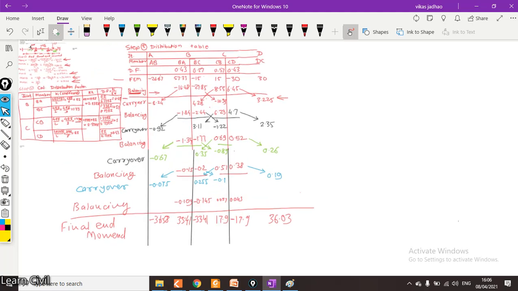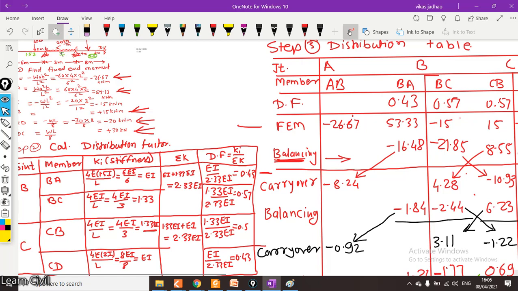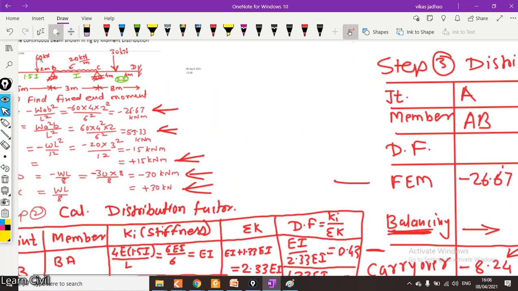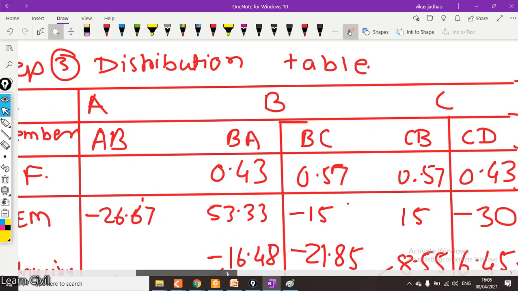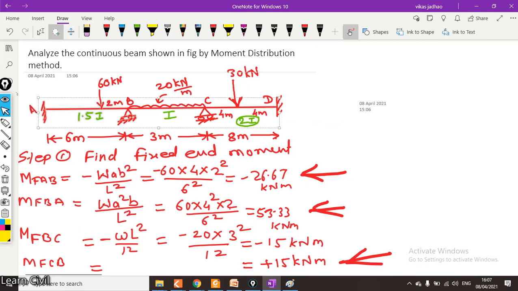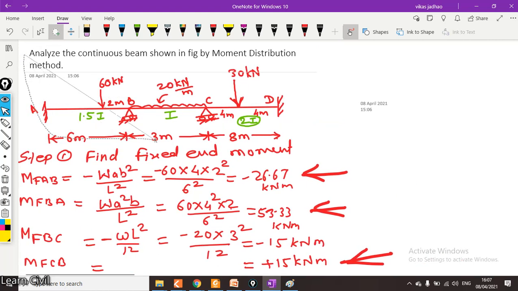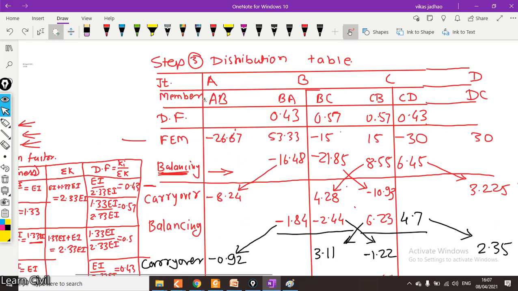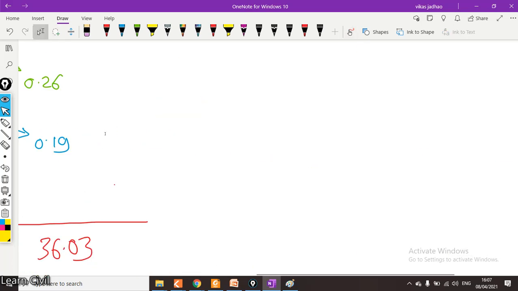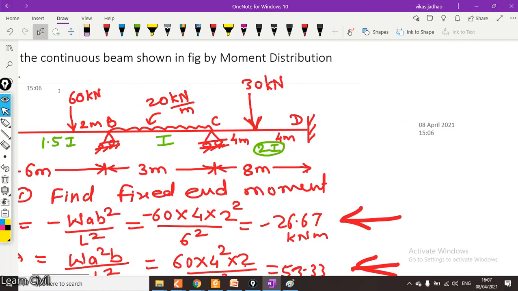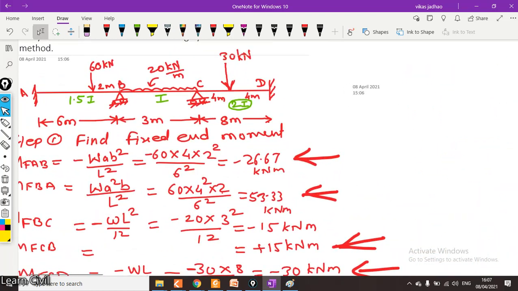To draw the bending moment diagram, we'll be copying this beam section.